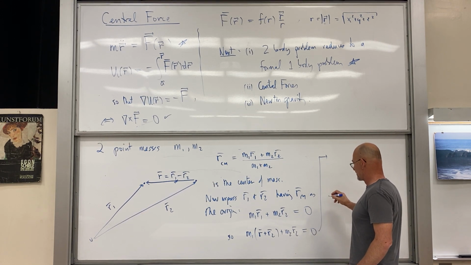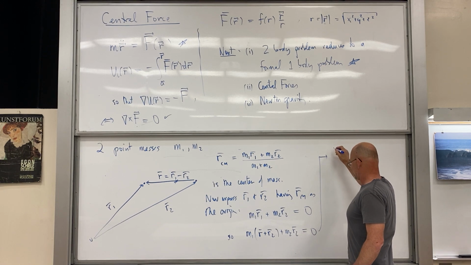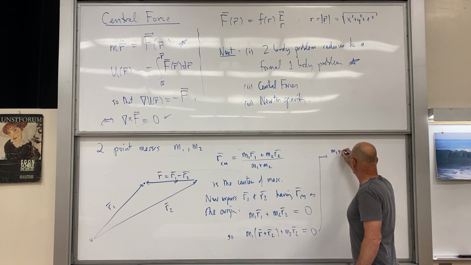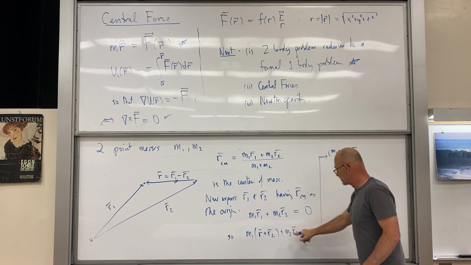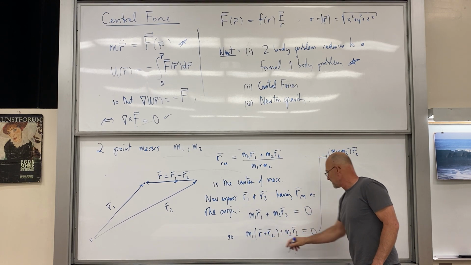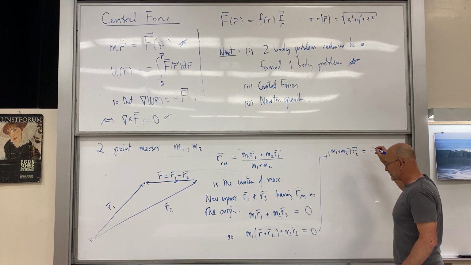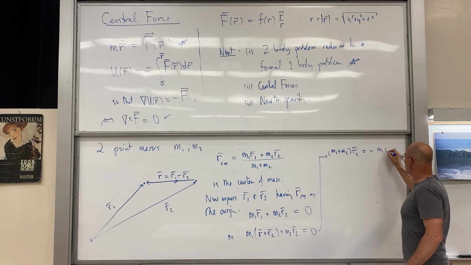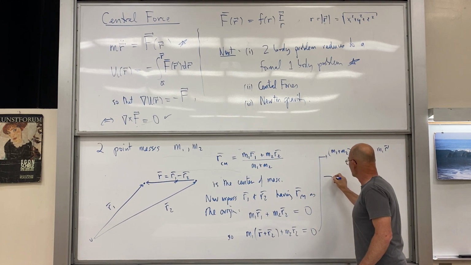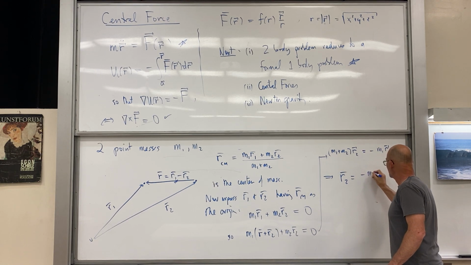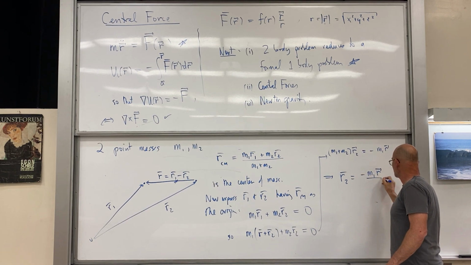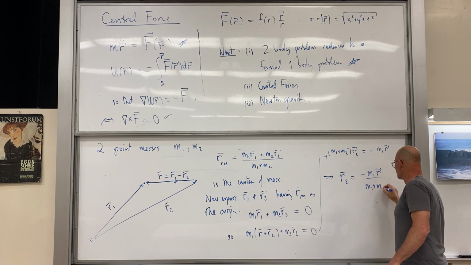So we have m1 plus m2 times r2 equals minus m1 r, and there we go. r2 is equal to minus m1 r divided by m1 plus m2.